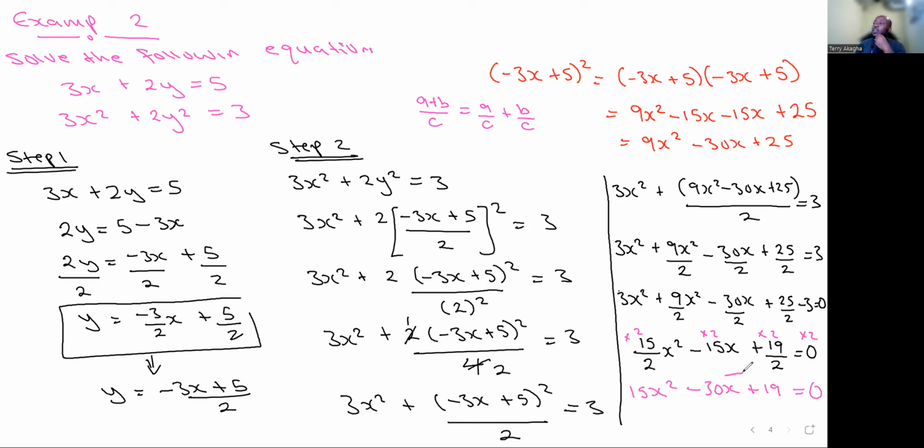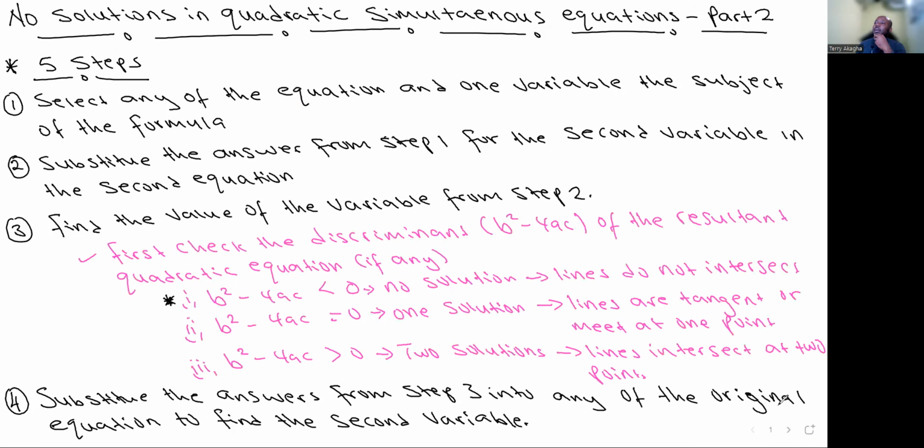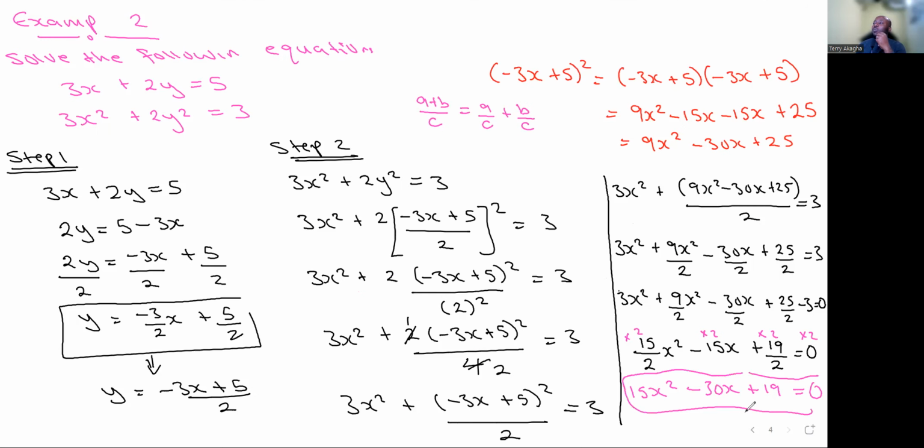Now, this is the quadratic equation, the resultant quadratic equation we have, okay? But we need to go back. We said we need to check whether b squared minus 4ac is less than 0 or greater than 0. So we're going to go to the next slide. So we had 15x squared minus 30x plus 19 is equal to 0.